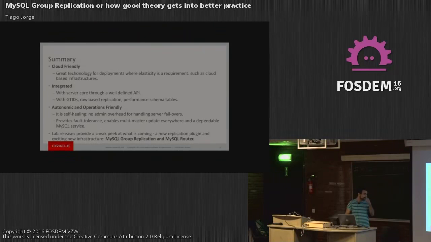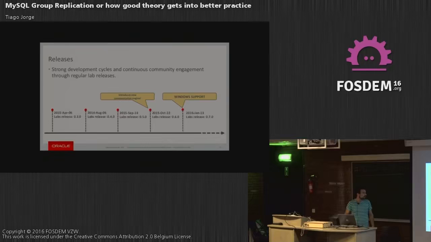And with the new MySQL infrastructure, so group replication and MySQL Router, you can direct the clients to the correct nodes that you want to write data to. In terms of releases, the major 2 releases were quite milestones because we had the new communication engine, and that introduces some more platforms.